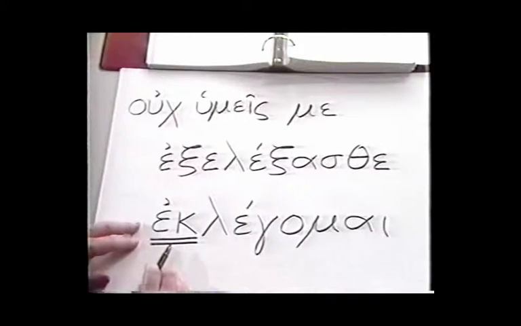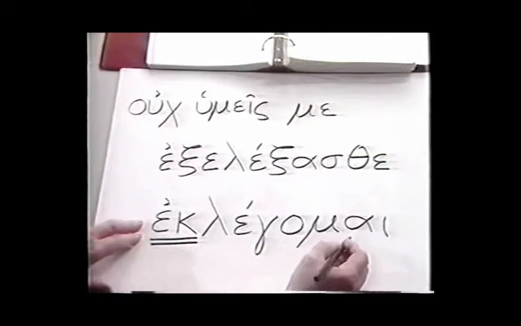There are a lot of compound verbs in Greek, and they have prepositional prefixes attached to the front part of the verb. Notice also the lexical entry of this verb, and how does a lexical entry of a verb occur in the dictionary? It will always be in the present tense, the indicative mood, and the first person singular.